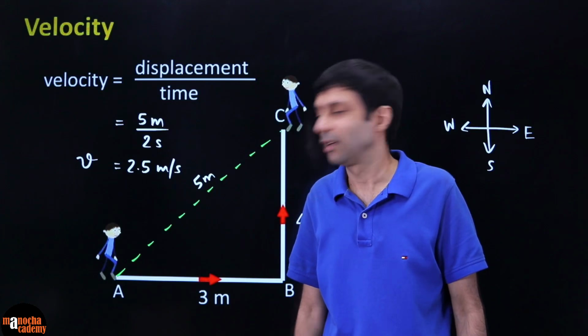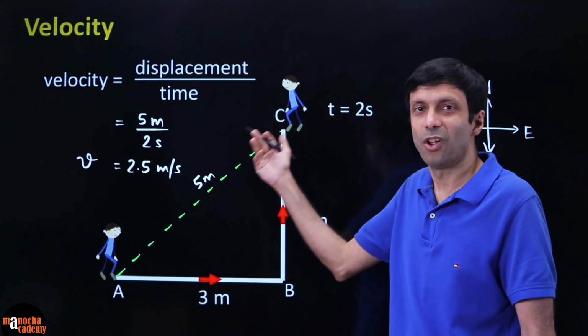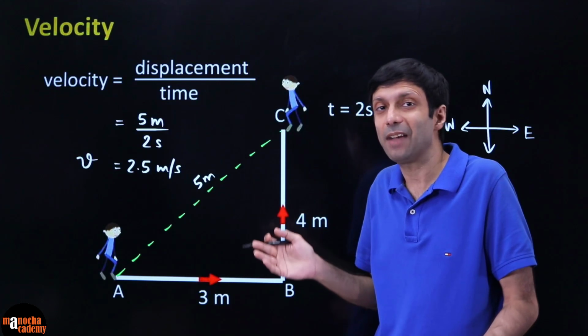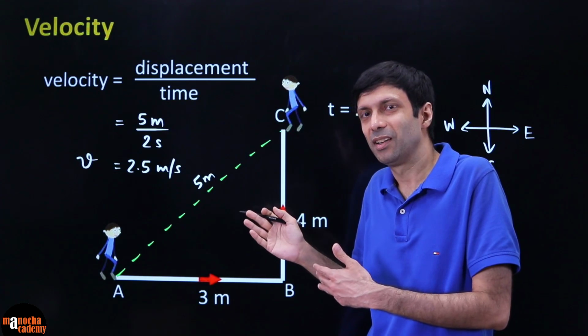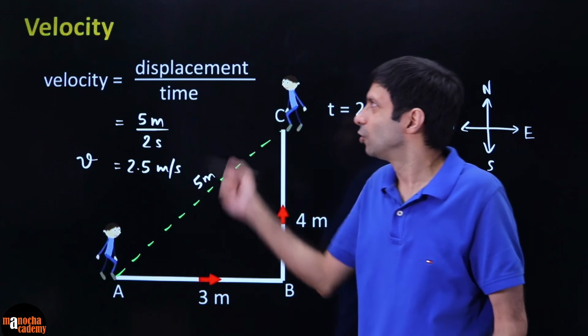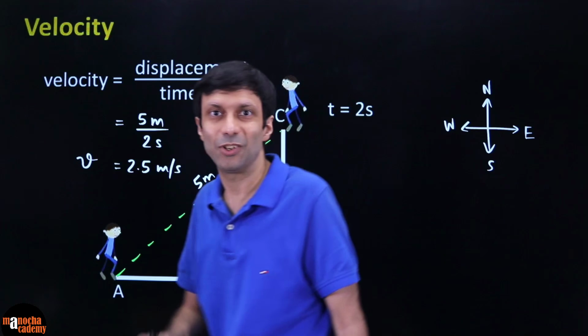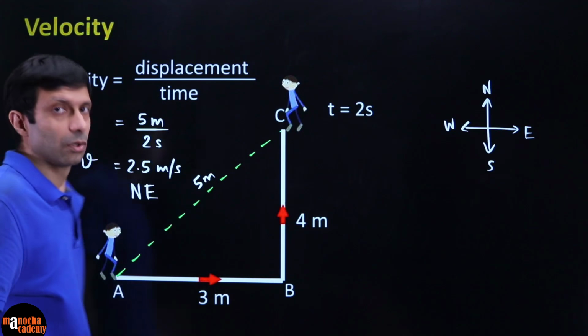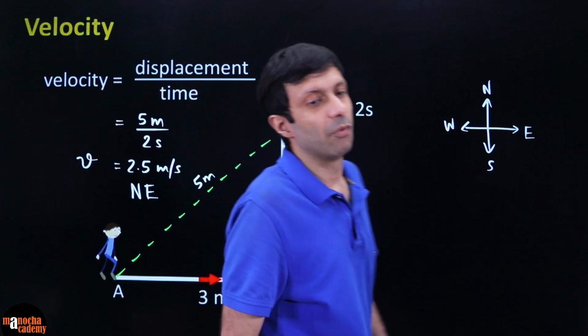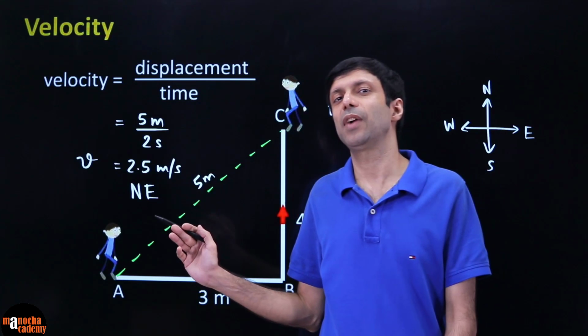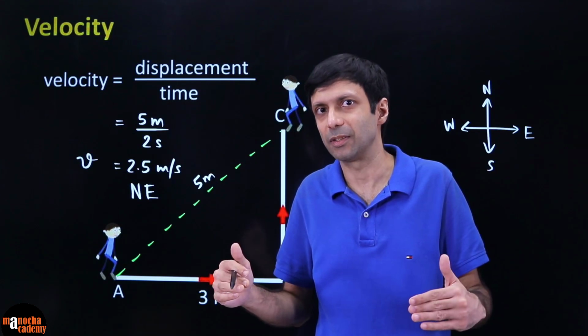Clearly you can see it is towards the northeast, because it will have the same direction as displacement. Time doesn't have any direction, so it's displacement by time. The answer is going to be 2.5 meters per second to the northeast. So guys, if it is possible for vector quantities, please specify direction, because that is your complete answer.